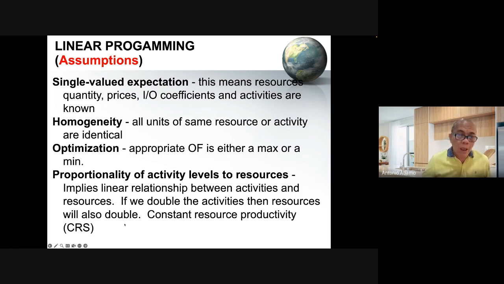For those of you who have some background in economics, the assumption here, if you do linear programming, among inputs and output relation, is CRS or constant returns to scale, constant resource productivity.